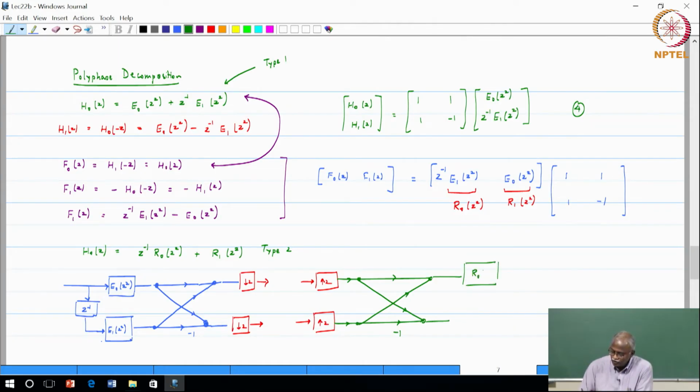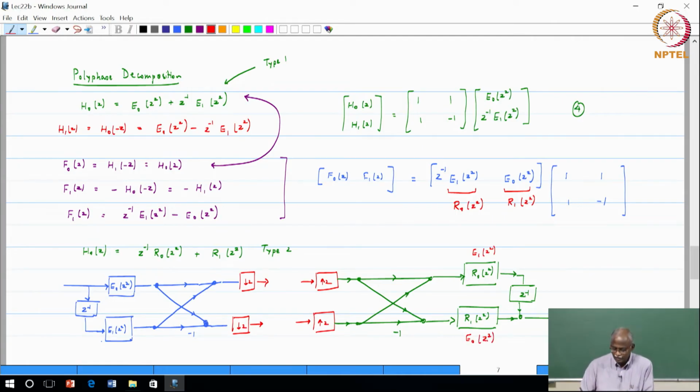upper branch is R0 of Z squared. Keep in mind this is the same as E1 of Z squared. The lower branch is R1 of Z squared, and then combined with a delay element Z inverse, added together, output, all the arrows moving to the right, and this is x hat of Z, and this is the same as E0 of Z squared.